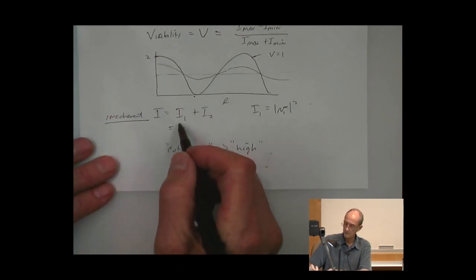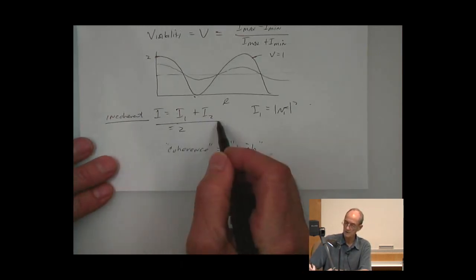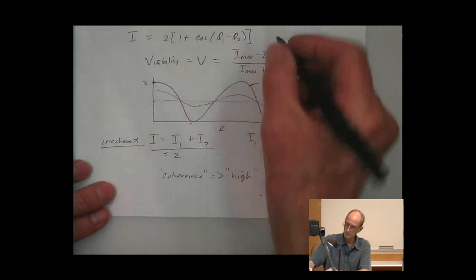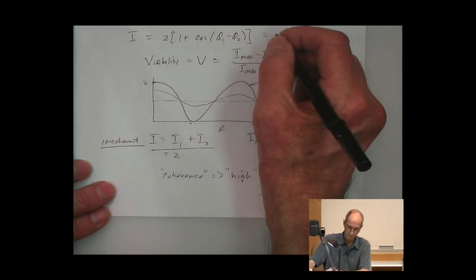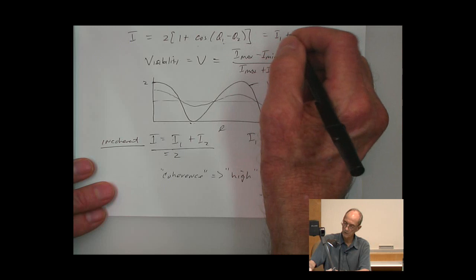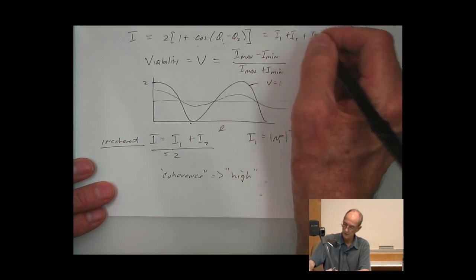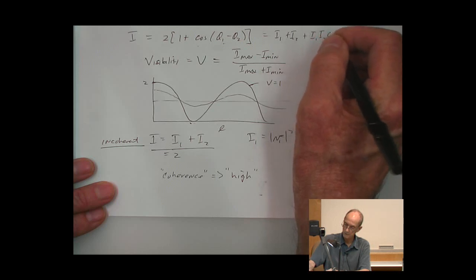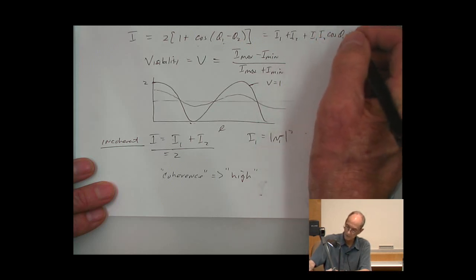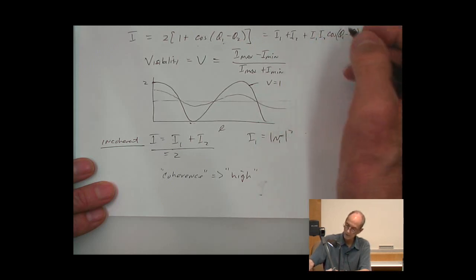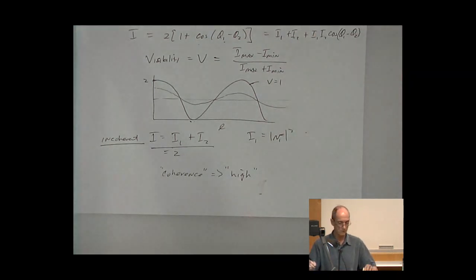So here, incoherent means we basically lose this term. Or let's write this as I1 plus I2 plus 2 times the square root of I1 I2 cosine of phi 1 minus phi 2.